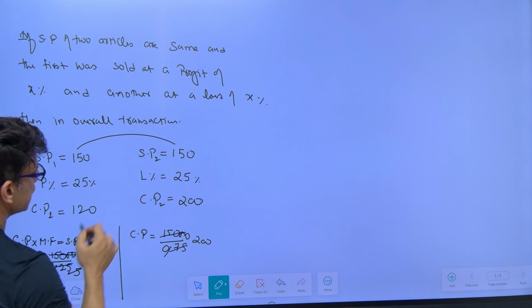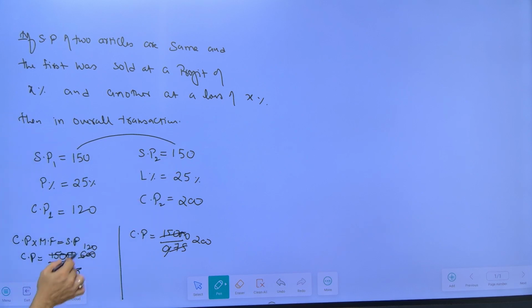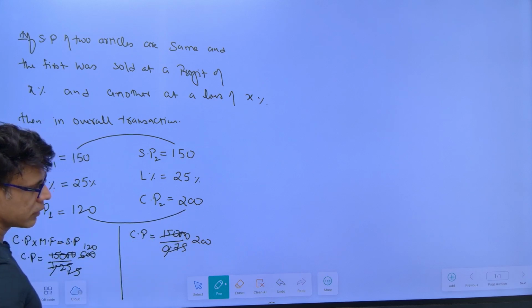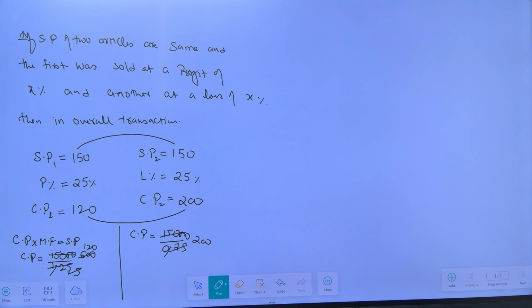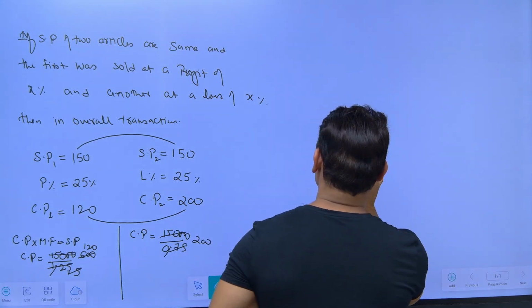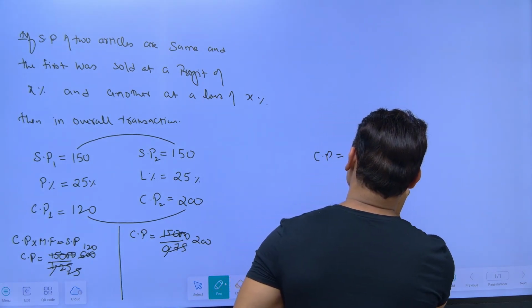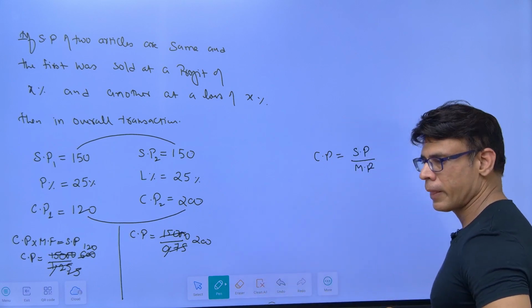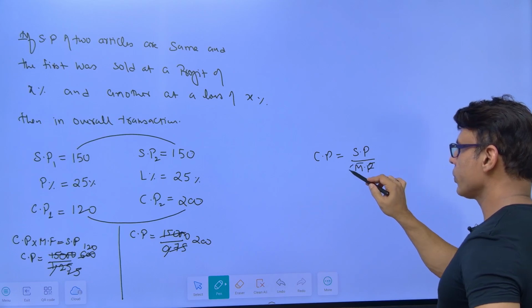What is total selling price? What is total cost price? 200 plus 120 is how much? 25% decrease, multiplying factor. What is the formula to find out cost price? Selling price upon multiplying factor. What is multiplying factor for 25% decrease?